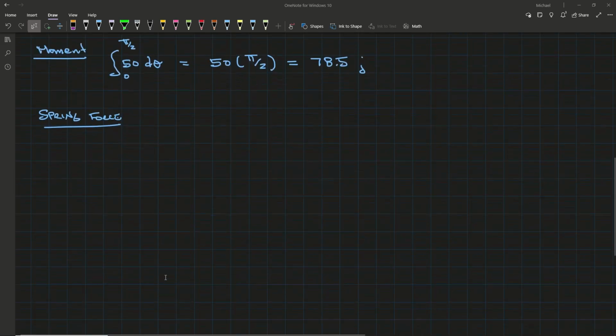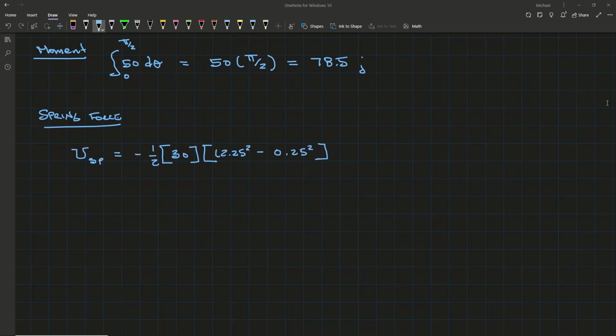So the work done by the spring is again minus 30, the K value of the spring, times 2.25 squared minus 0.25 squared. And let's get rid of these internal parentheses. And that results in a negative 75 joules.